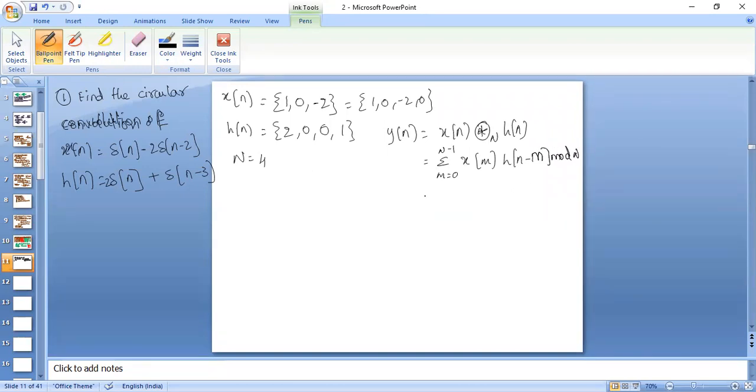If we substitute 4 here, sigma m is equal to 0 to 3 x of m into h of n minus m mod 4, right?